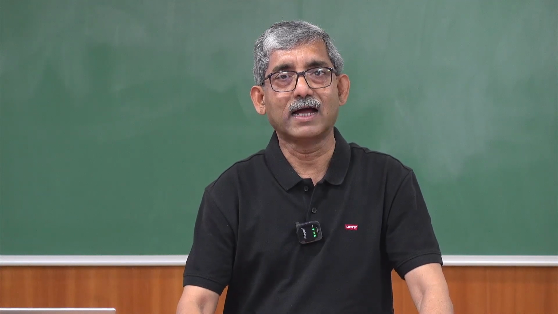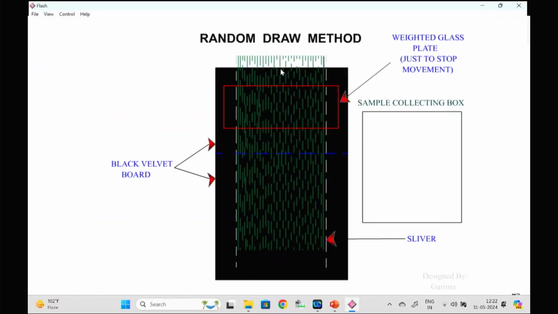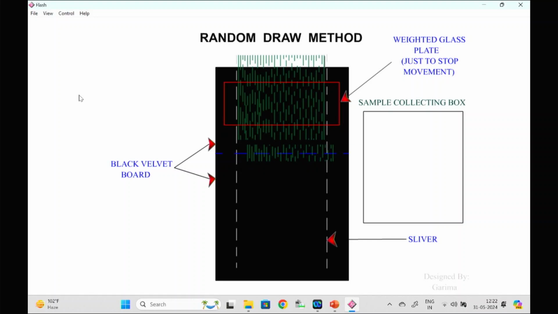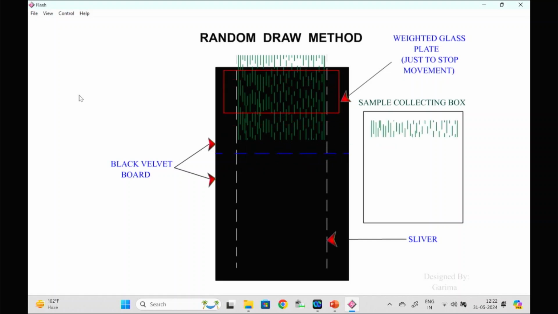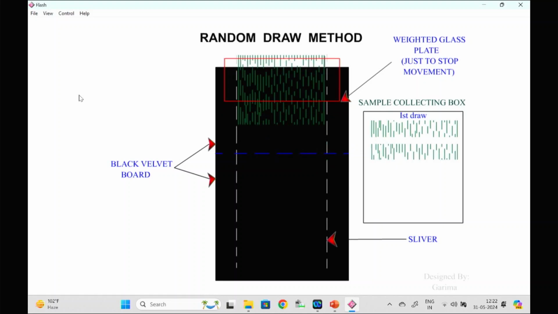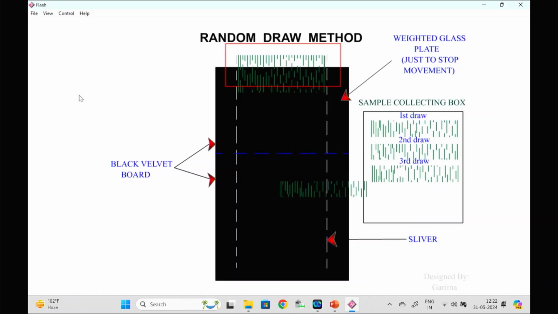Now let us see the animation here. This is a random draw method. You can see initially some fibers are removed to get the natural length. After that we take out the fibers, this is called first draw, then second draw. In this way we keep on taking and collecting the fibers, and these fiber samples are tested.